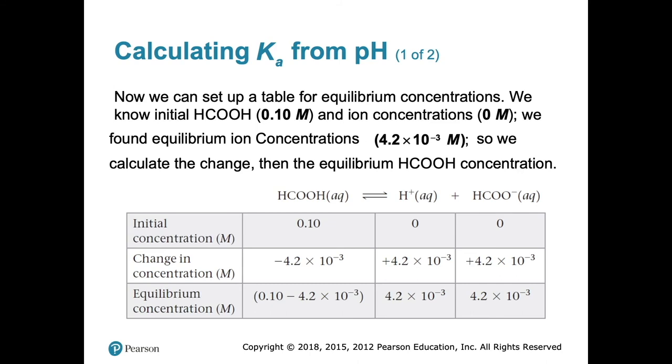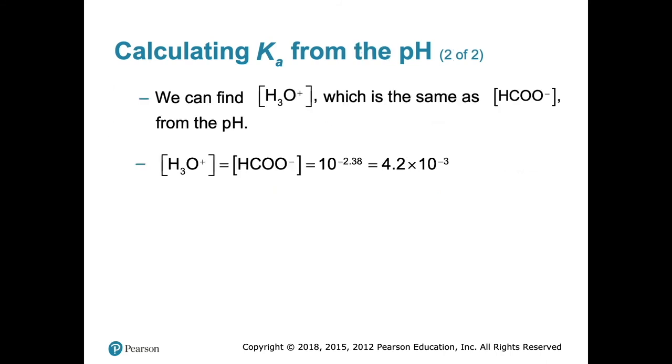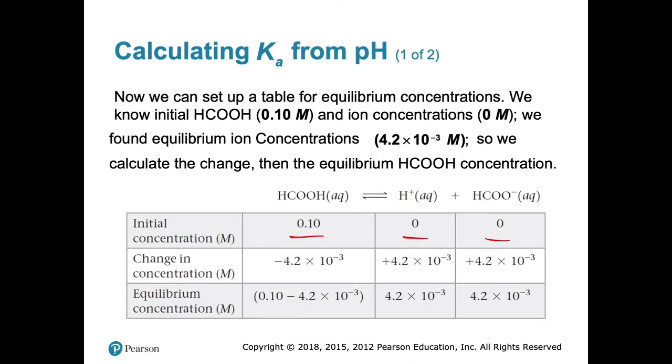In the table, we start out with the initial being 0.1 because that was given in the problem. Of course, this is initial, so there should be 0 H3O plus and 0 formate ion. But we found in the previous slide, when we did the 10 to the negative pH, that the concentration change is 4.2 times 10 to the negative 3 molar.